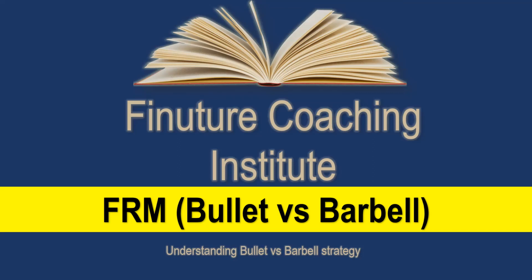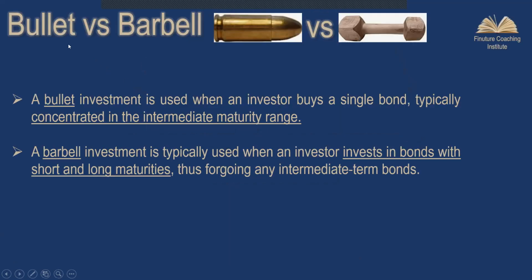So let's have a look at the strategy. You might be aware that in our school times, pictures used to make our studies interesting. So, just to highlight it, I have kept two pictures over here, which are somewhat relevant to the topic that we are having a look at today. One is bullet and the other one is barbell.